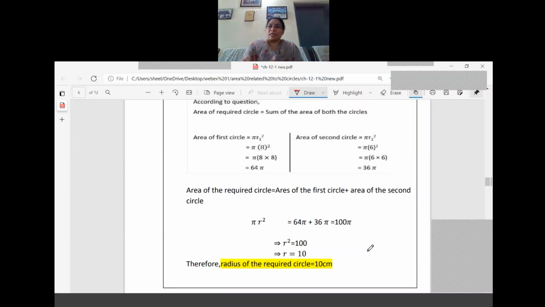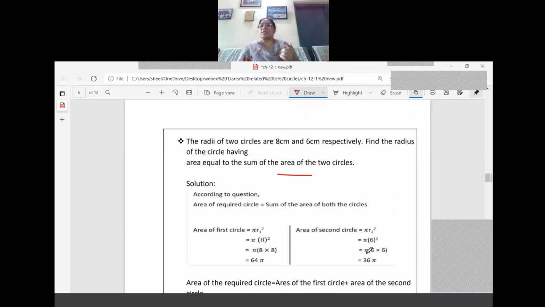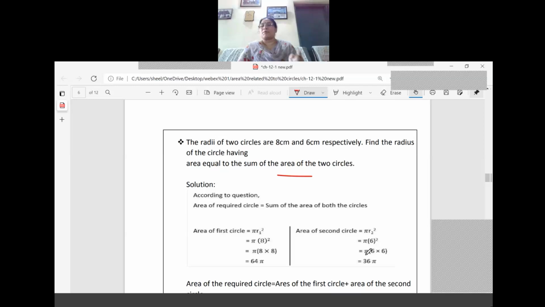So by the idea of the circumference, don't substitute directly here, that is r1 plus r2. It is r1 square plus r2 square. Don't go like that. Do and solve in the case of the area. I'll suggest for circumference you can go directly also. So it is the same pattern only, but instead of circumference, what we have done here is the area of the circle.